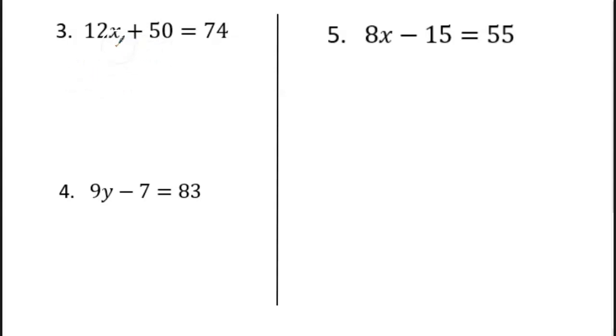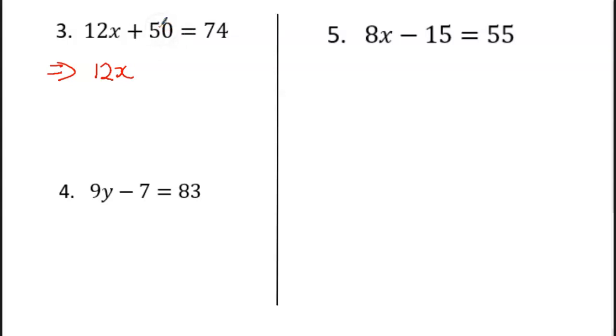So what it means is that there is an unknown value. When you multiply it by 12 and you add 50 to it, you are going to get 74. So let's start. 12x, so we can move 50 to this side. I explained that if you want to move it, you can subtract 50 from each side.